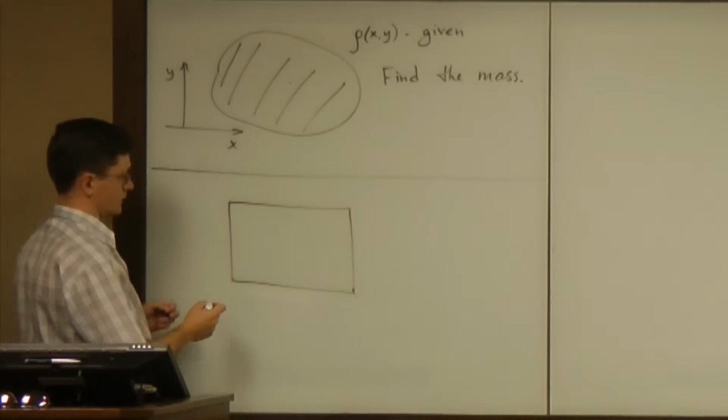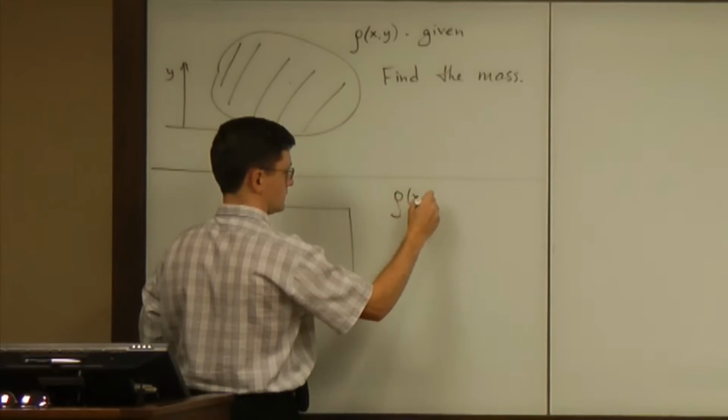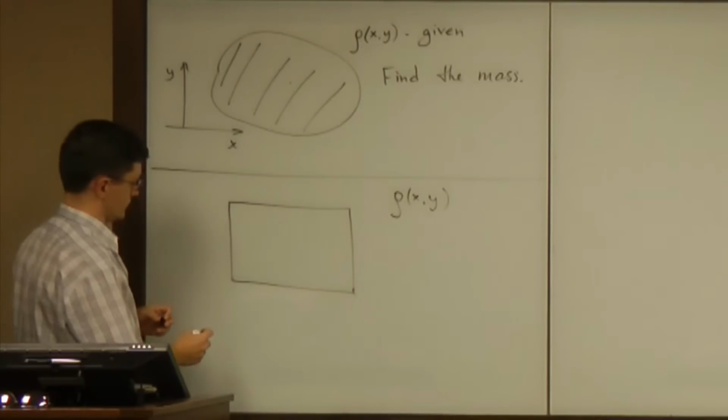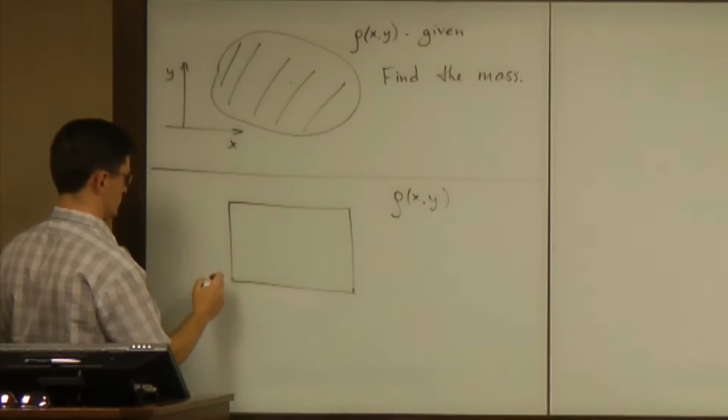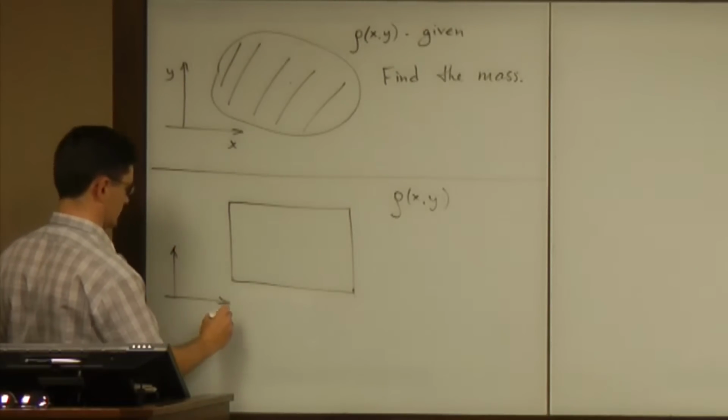So you have a rectangle and you have a function on that rectangle. And of course that happens in the assumption of a chosen coordinate system.